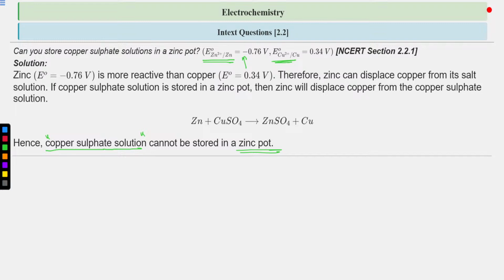And the E naught value is positive for the copper, which is at the top side. So by this you can conclude that zinc is more reactive than the copper. That means zinc has the tendency to displace the copper in its own solution. That's why we cannot store copper sulfate solution in a zinc pot, because the following reaction will take place.